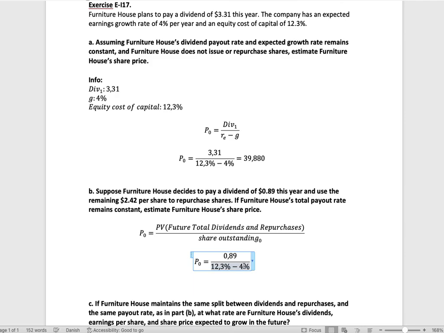And what we will see in a minute is actually that the share price will not change, obviously also because they are not changing anything.